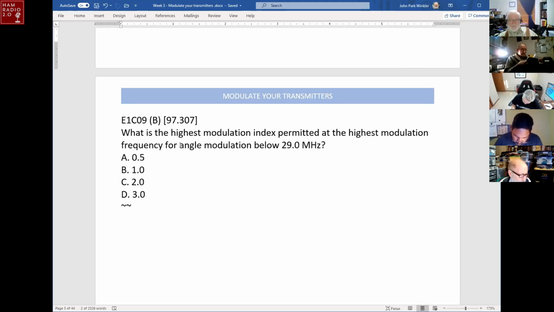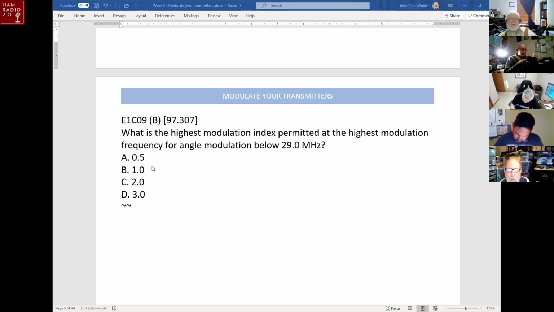They have very similar characteristics. And the answer to that is a modulation index of 1. That limits the bandwidth of an FM signal below 29 megahertz.